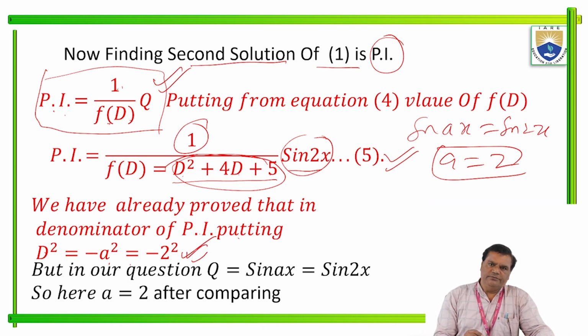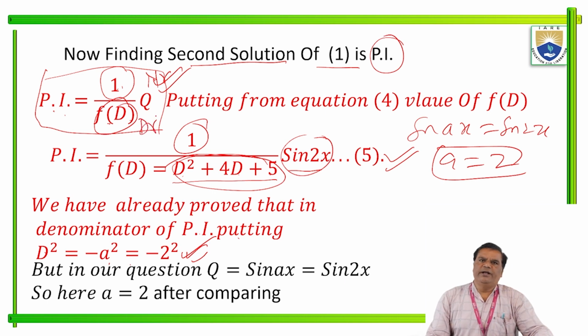Where do we put this value? We put this value in the denominator of the particular integral. There are two parts of the particular integral: this is the numerator, NR, and this is the denominator, DR. In the denominator, we put the value of D square as minus a square, only D square, not D, not D cube. In place of D square, we put minus a square.